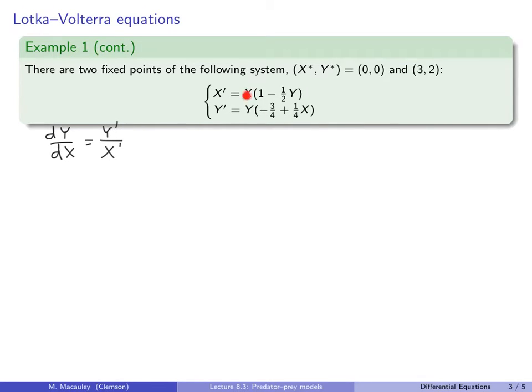So that's this equation over that equation. So that is y times minus 3/4 plus 1/4 x over x times 1 minus 1/2 y.